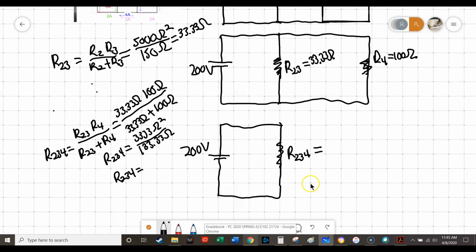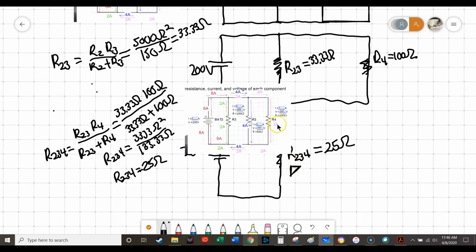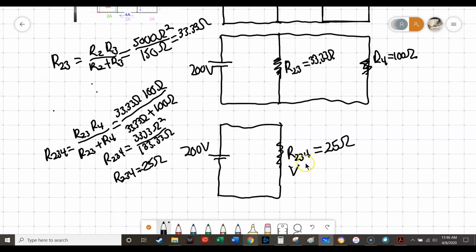All right. So this is going to work out to be 25 ohms. So now we know this is 200 volts and this is 25 ohms, right? So that means it has to be consuming 200 volts.